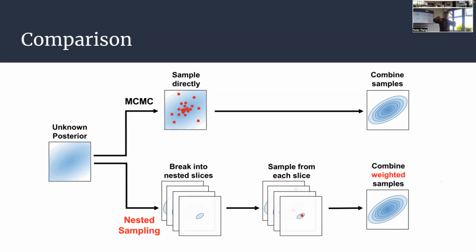We sample from the prior space where the likelihood has to be higher than a certain value. So with nested sampling, you have a hill, you cut it into slices, each one is sampled, and you combine them, then you get your evidence, and you get your posterior samples.